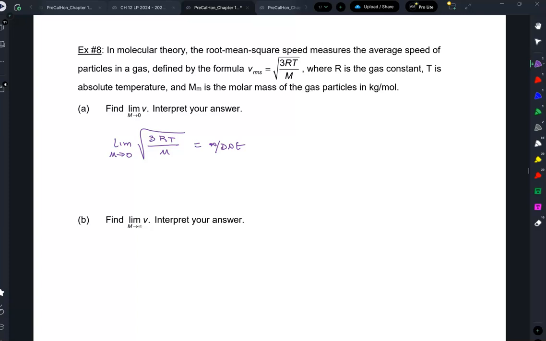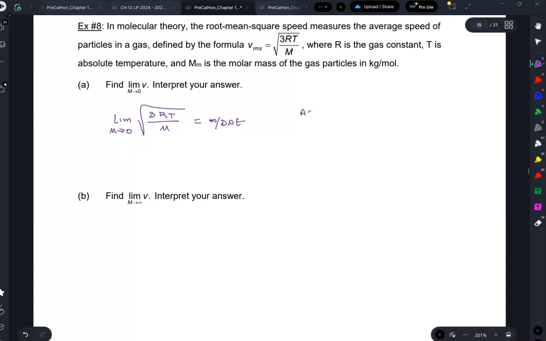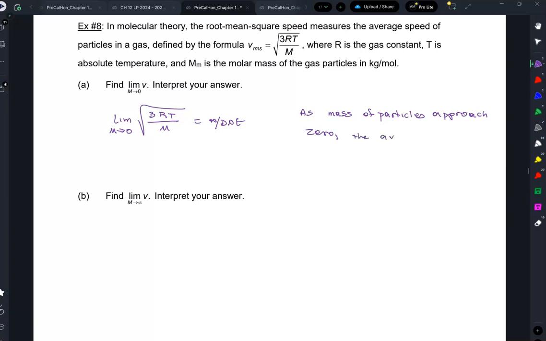Okay, so as the mass of the particles approaches zero, the average speed becomes infinitely large. And that makes sense, right? As the mass gets smaller and smaller, the velocity will be getting bigger and bigger.